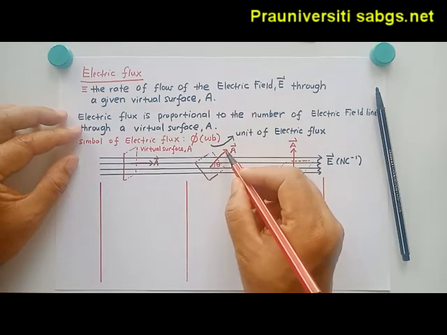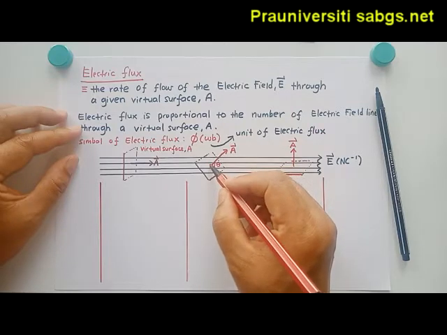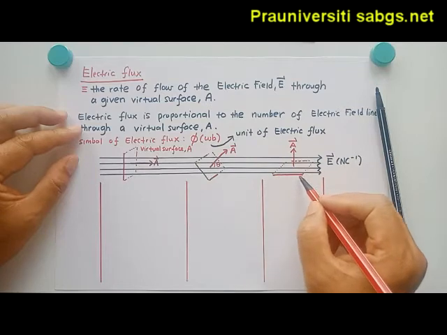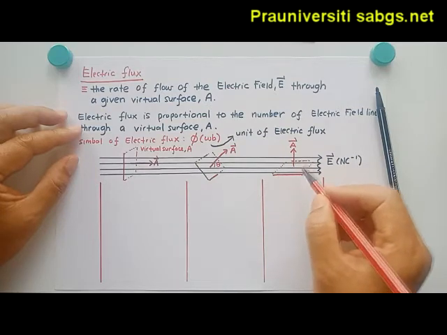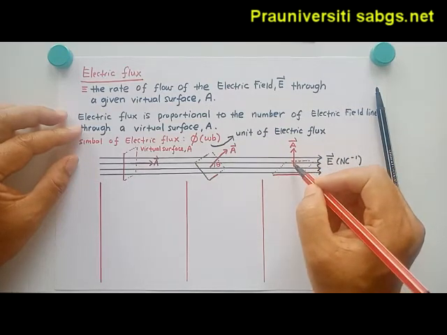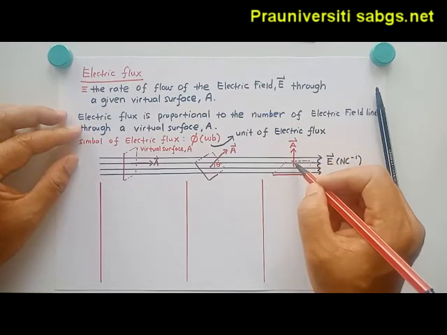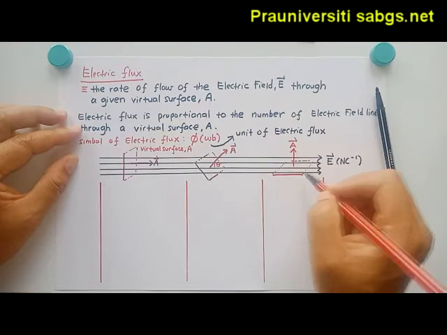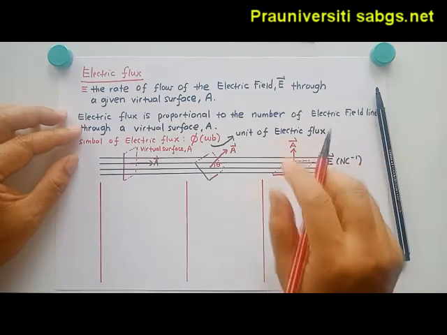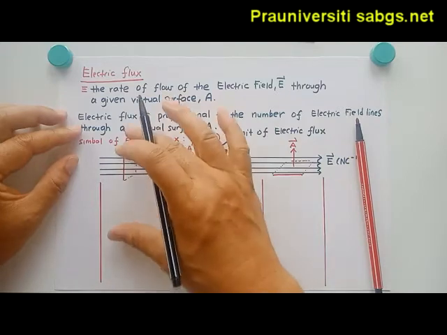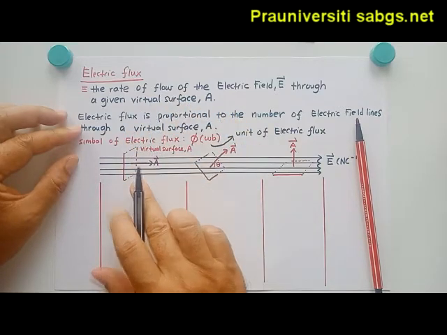Direction is here. Why? Because they need to be 90 degrees with the virtual surface. Then for this one is the virtual surface, so the direction of the vector A is here. They must be 90 degrees with the virtual surface. Okay. So we continue.